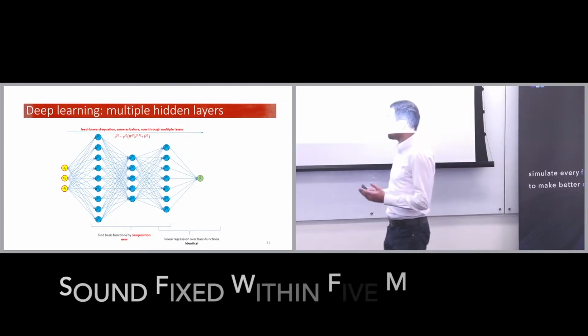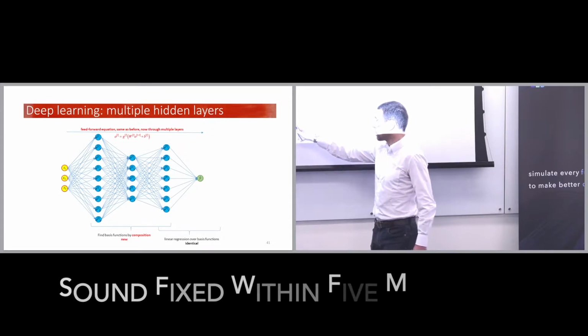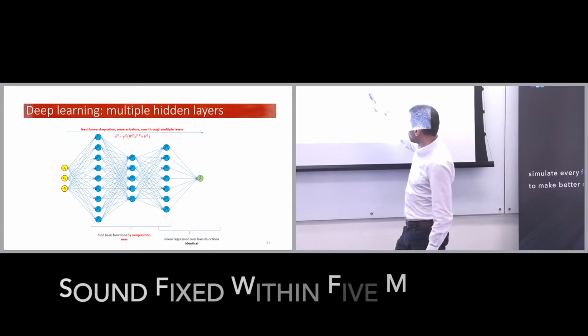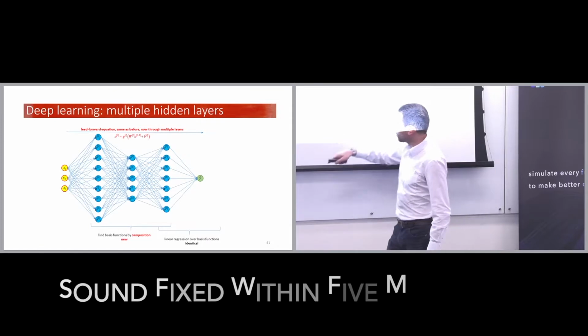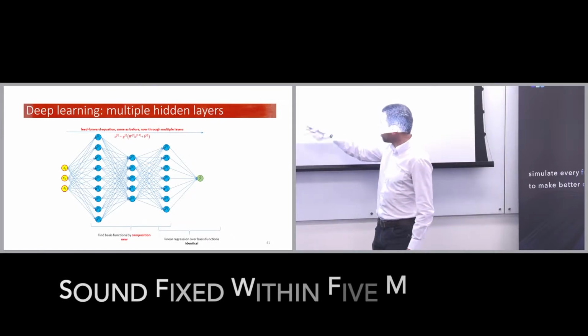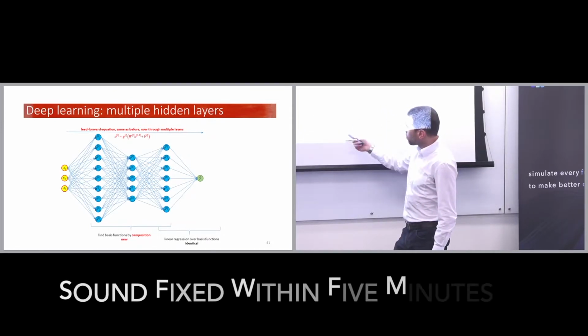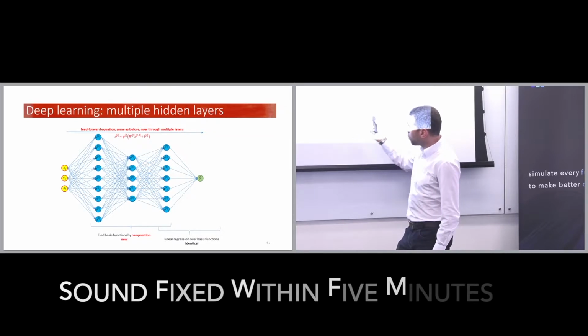Instead of applying them only twice, once to find the hidden layer and once to compute a prediction out of this hidden layer, now we will be applying it more than twice.